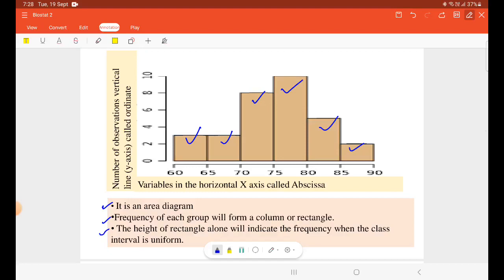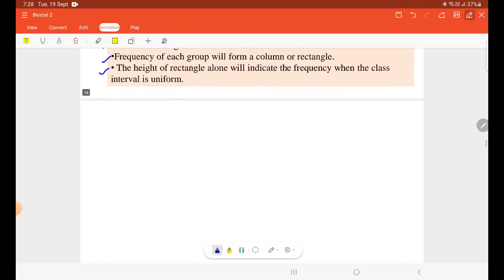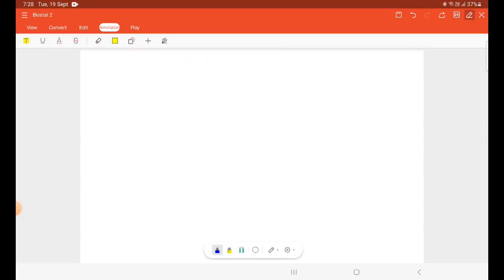So height is variable based on the observation, which is according to the x-axis, how many observed frequencies there are, and the class interval is uniform. Yes, 5. Class interval is 5. So let us make a histogram through an example.